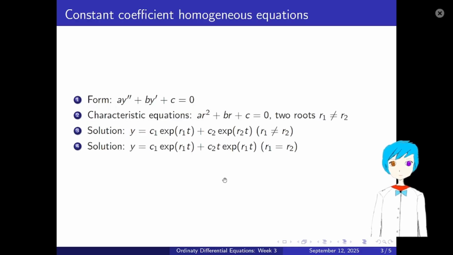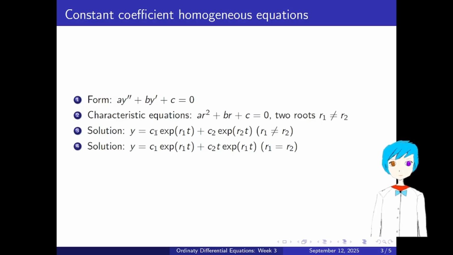For constant coefficient homogeneous equations, they take this form. They have this characteristic equation ar squared plus br plus c equals 0. If this characteristic equation possesses two distinct roots, then the solution can always be written in this form.